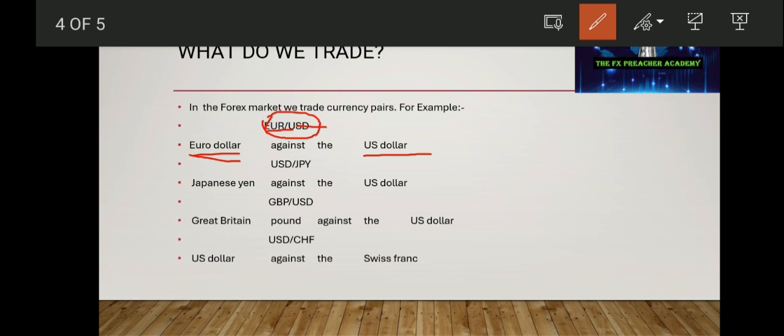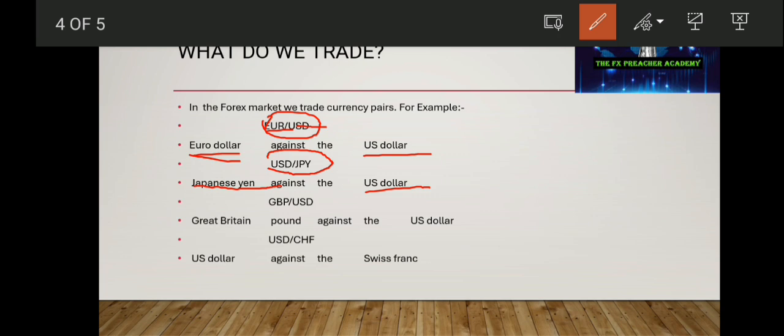Now we see the next pair, USD JPY, which we call USD yen. USD means US dollar. The JPY represents the Japanese yen, that is the currency used by Japan.